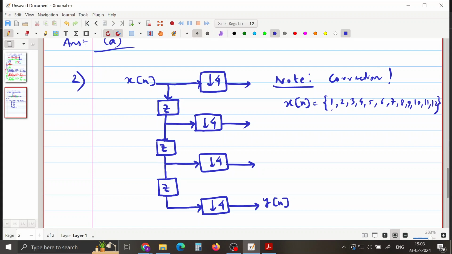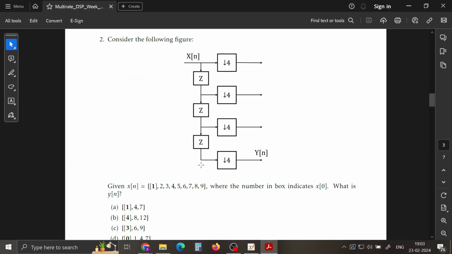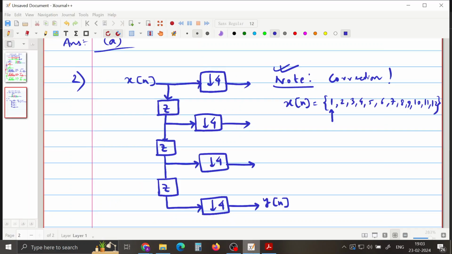Its length is 12. So please make a note of this. In the question it is of length 9, but actually there are 3 more samples as well. So we'll keep this as our x of n and proceed.